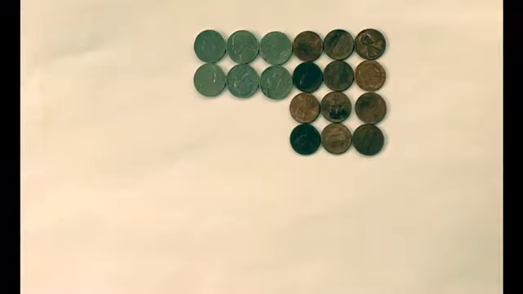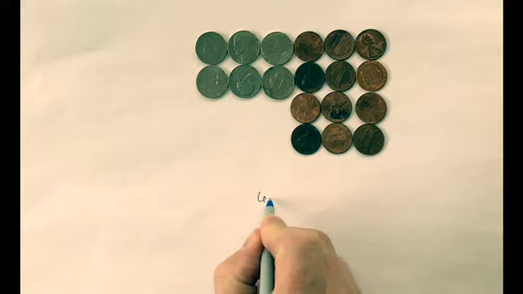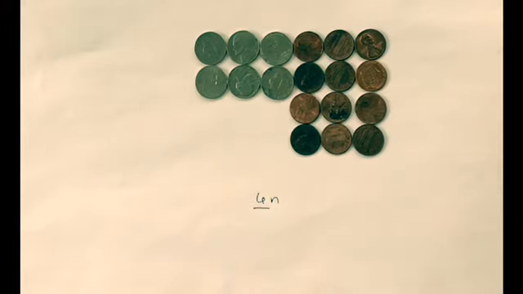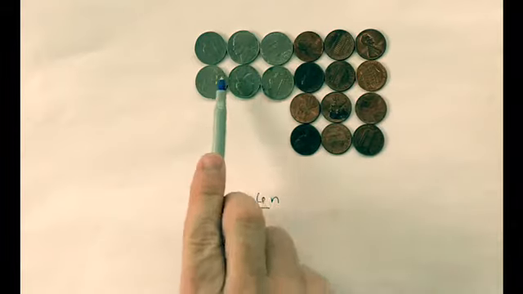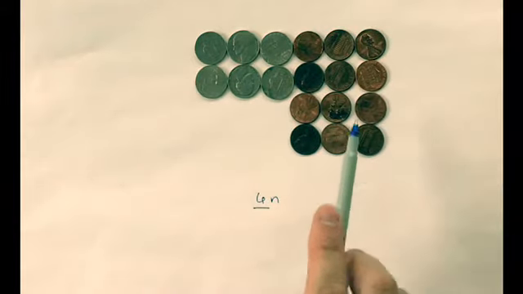This time, I want to compare how many nickels I have to the total number of coins, which is a little bit different, but I can still compare one quantity to another quantity. So what I'm going to do is compare how many nickels I have. So I have 6 nickels compared to how many total coins do I have? Well, I have 6 nickels and I have 12 pennies.